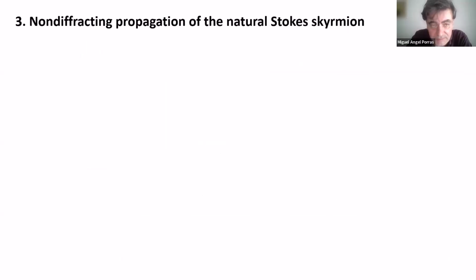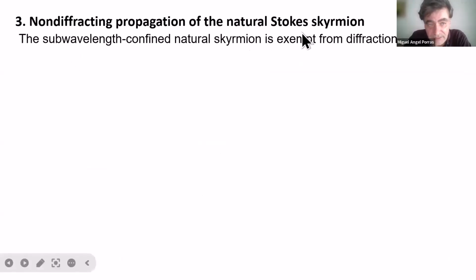And the second one that we realized very recently is the propagation invariant property, which we can also call non-diffraction propagation of these natural Skyrmions. So this subwavelength confined Skyrmion is exempt from diffraction effects, diffraction spreading.